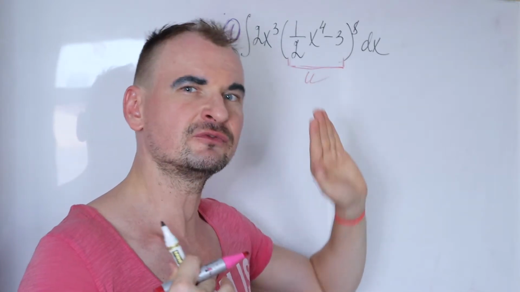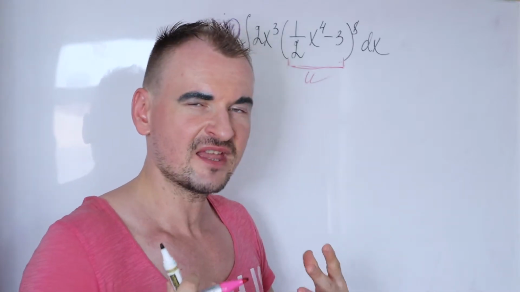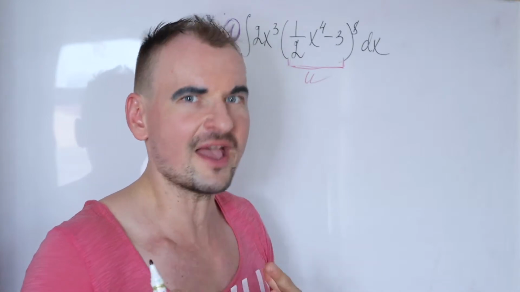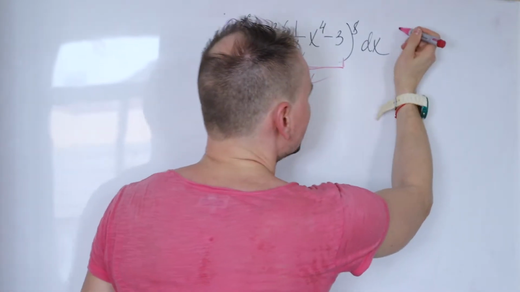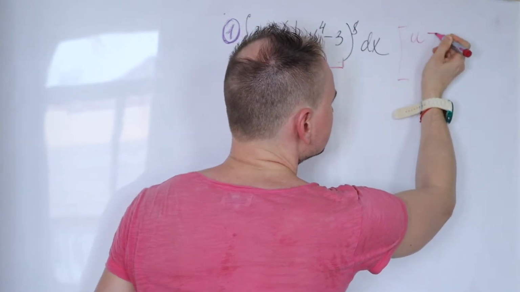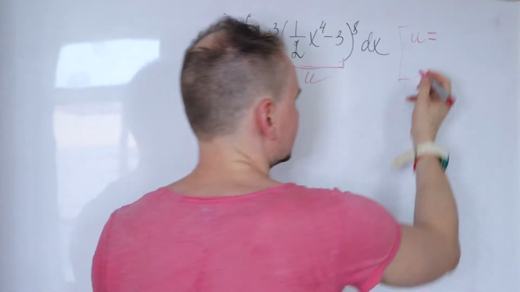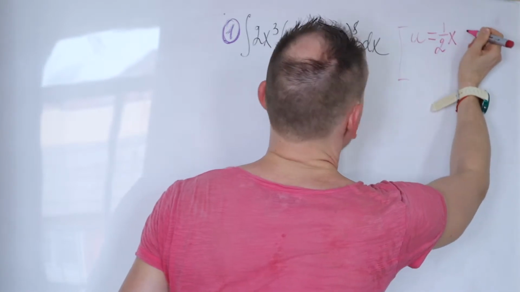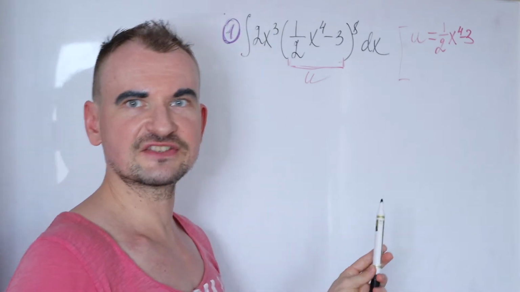Instead of dx, you would have du, and this du we will also need to define. Alright, so we're going to make your u this entire expression. So it's going to be a half x to the 4th minus 3.